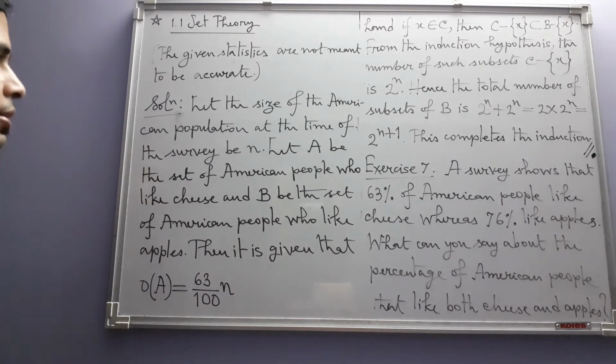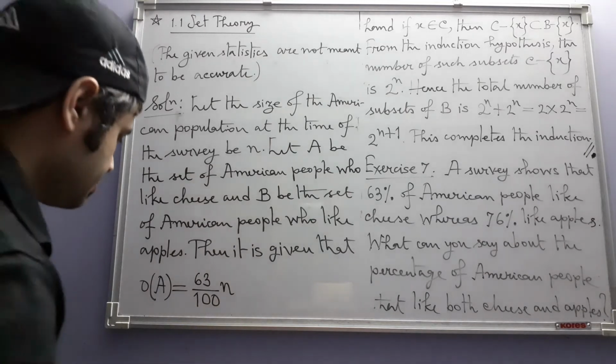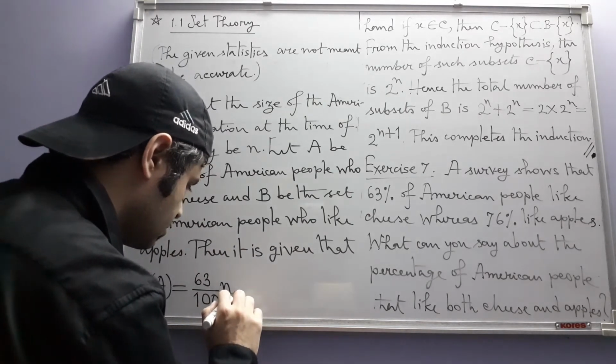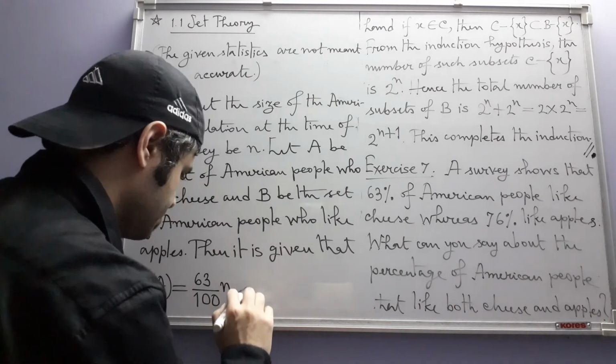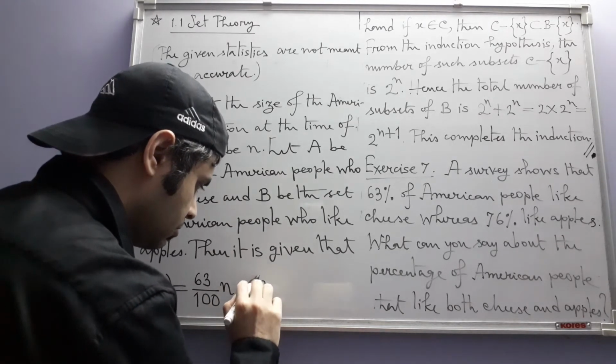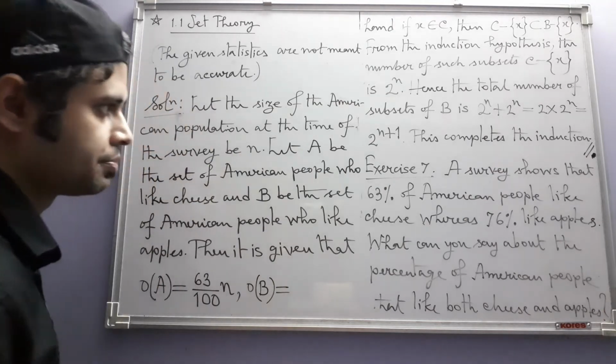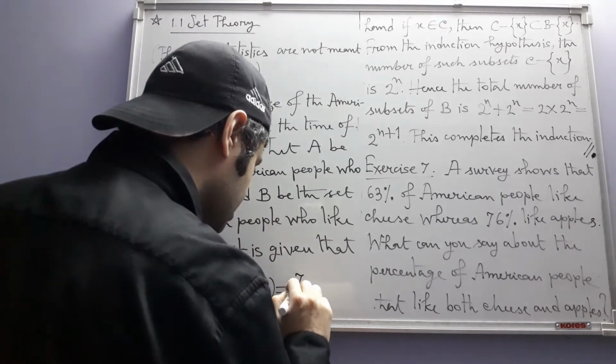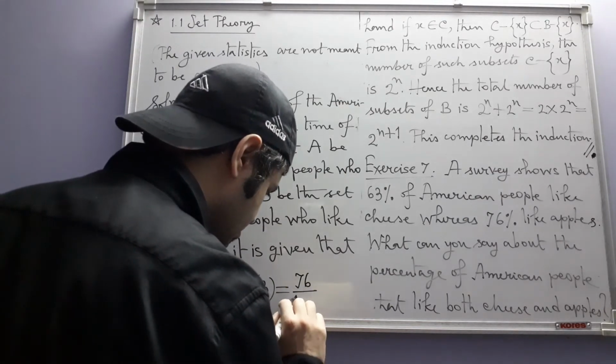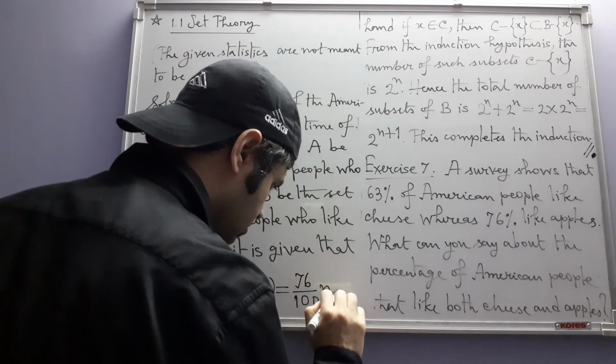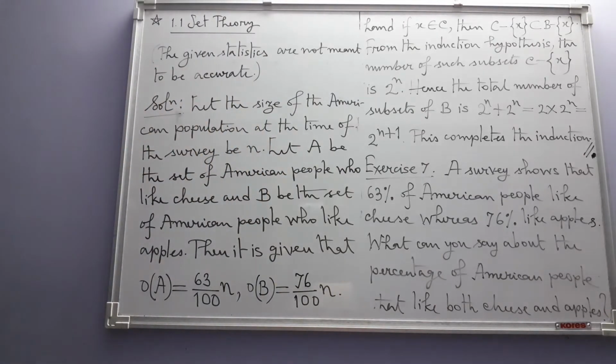Do you see why? Total is n, 63% of that is this, and like that 76% like apples. Okay.